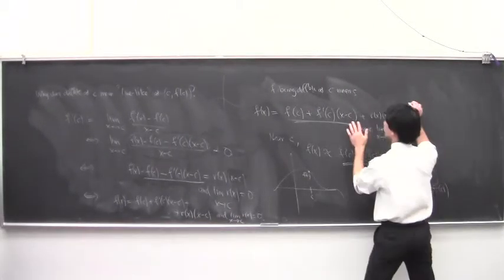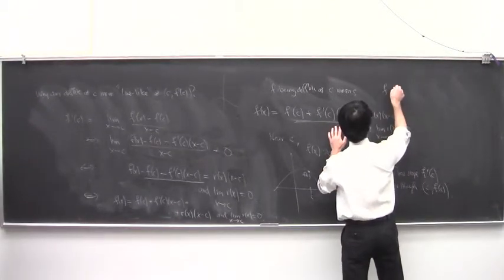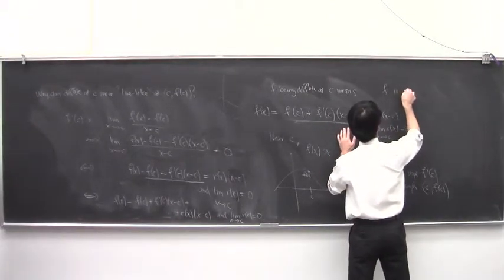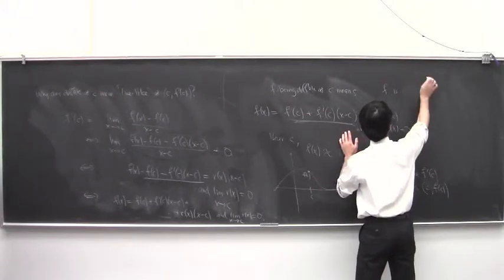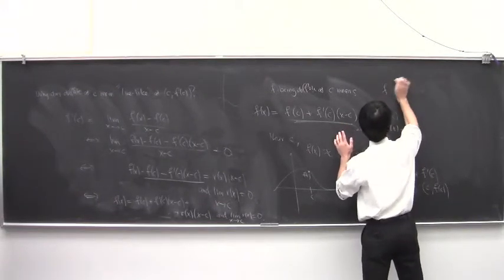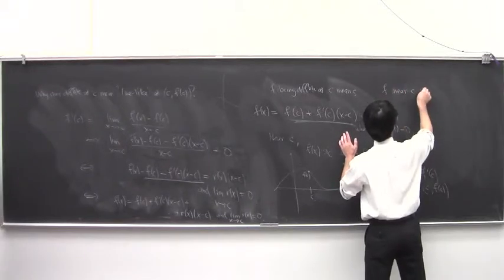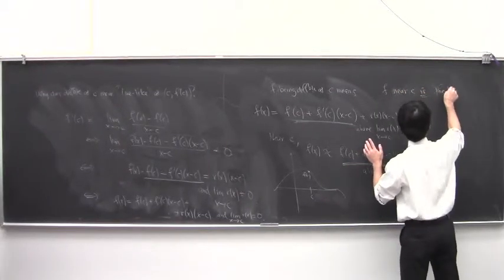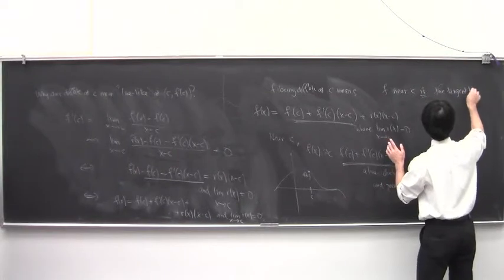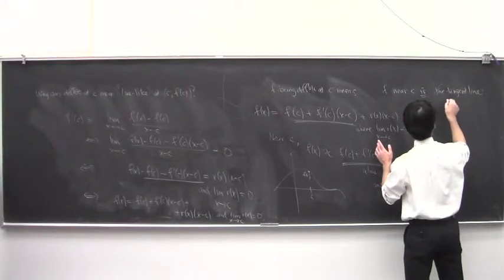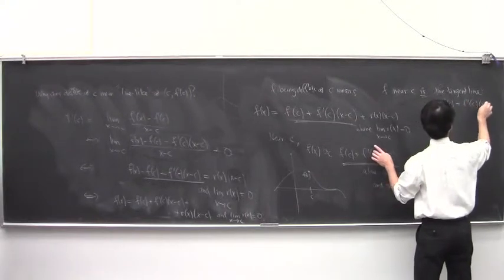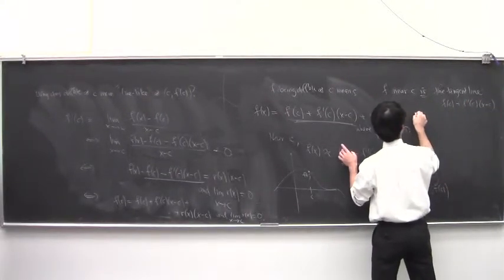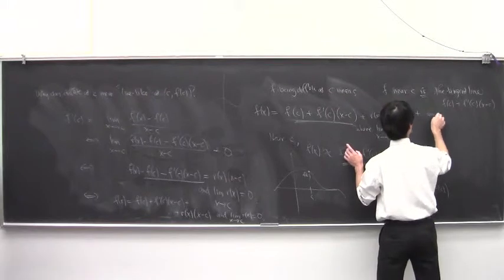So being differentiable at c means f near c is the tangent line, f of c plus f prime c times x minus c, plus something that vanishes quickly.